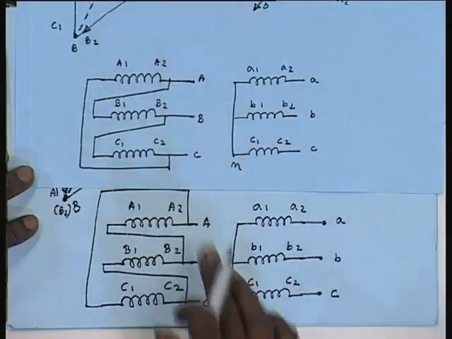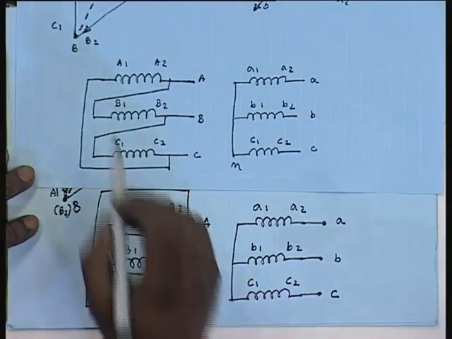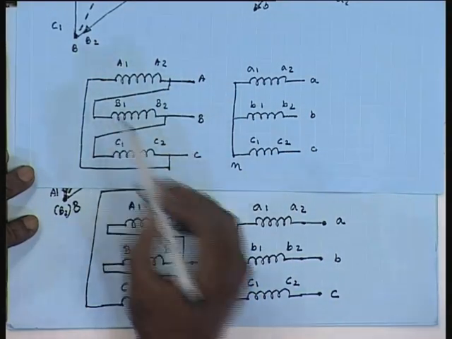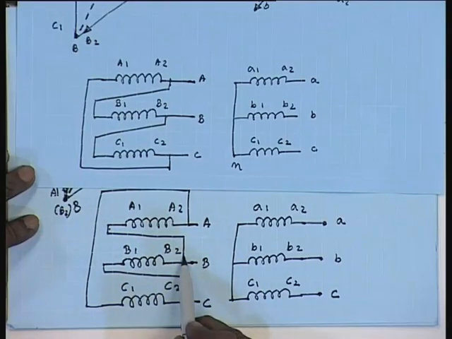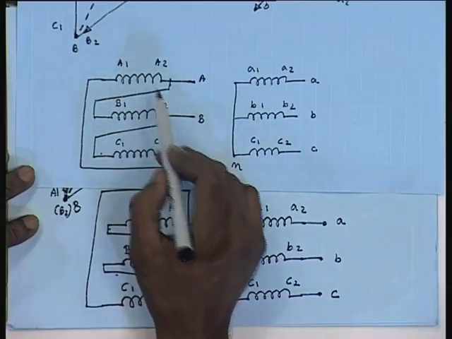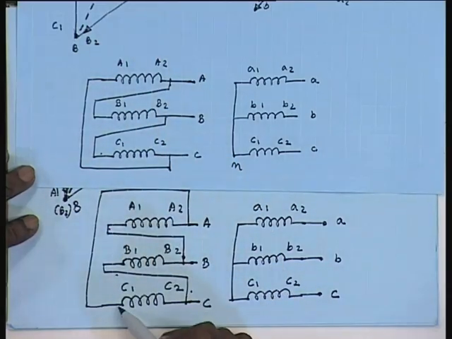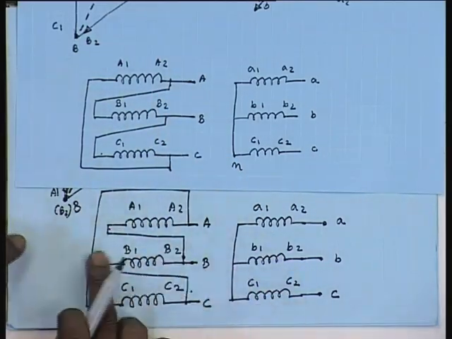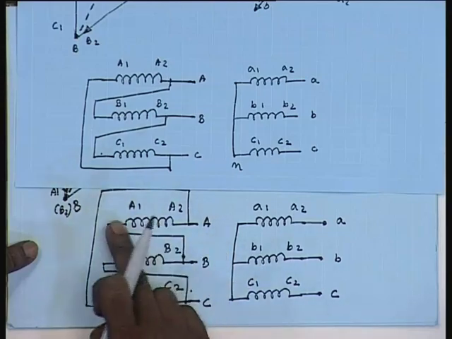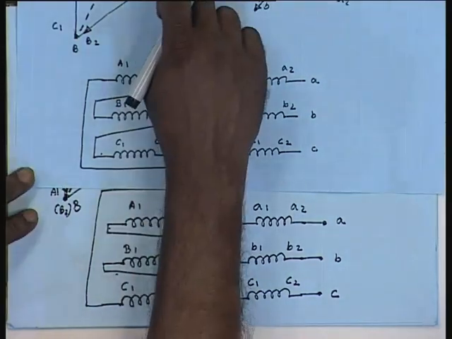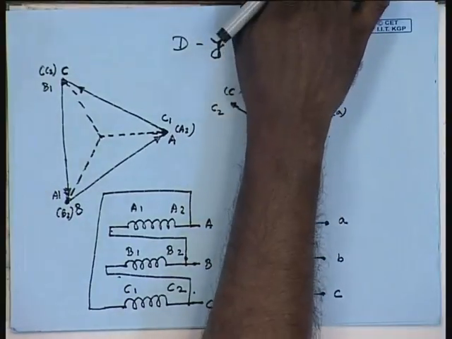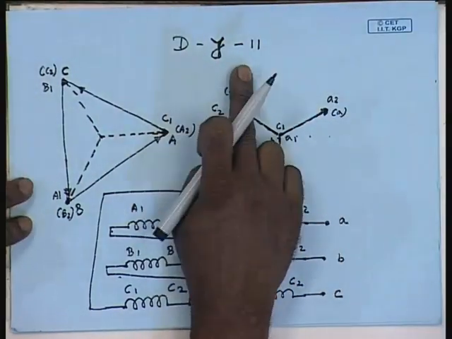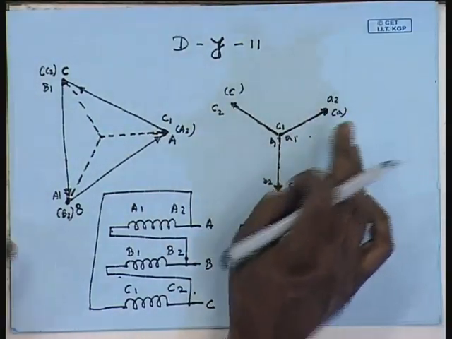On DY1, we had connected A2 to B1, here we have connected A1 to B2, B2 to C1, B1 to C2, C2 to A1, C1 to A2. Therefore, just by interchanging these connections, a DY1 transformer can be converted to a DY11 transformer.